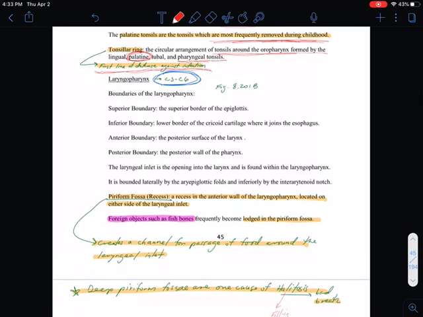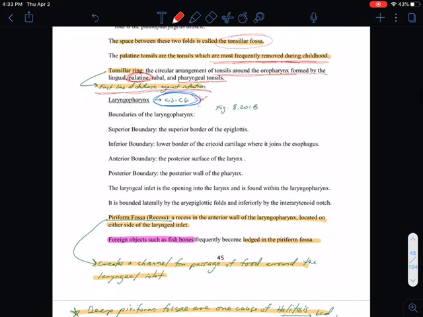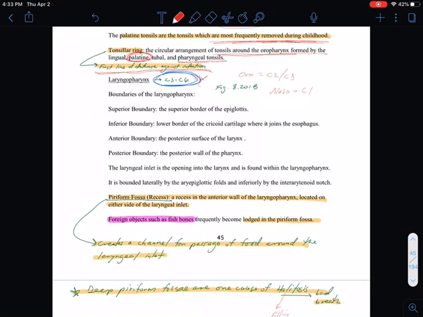Now we're on to the laryngopharynx, so that's C3 to C6. Again, oro was C2, C3, and naso was C1. Boundaries: superior, border of epiglottis; inferior, lower border of the cricoid cartilage; anterior, posterior surface of larynx; posterior, wall of larynx.